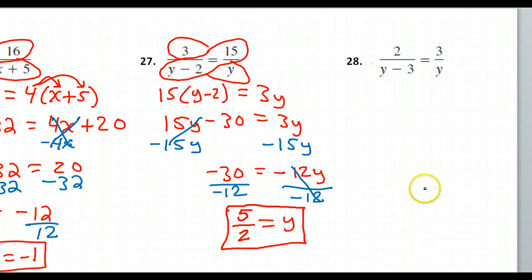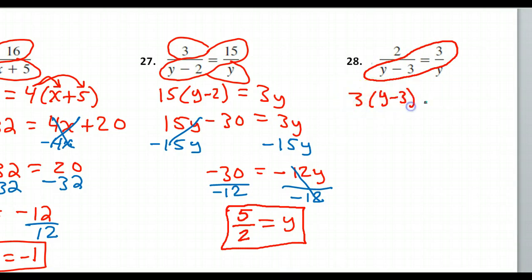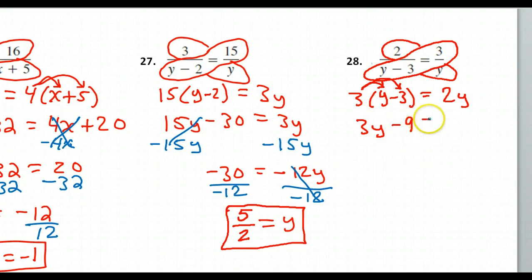Okay, last problem. If I do this diagonal, I am doing 3 times y minus 3. If I do this diagonal, I'm doing 2y. Little distributive property here. And I've got 3y minus 9 equals 2y.